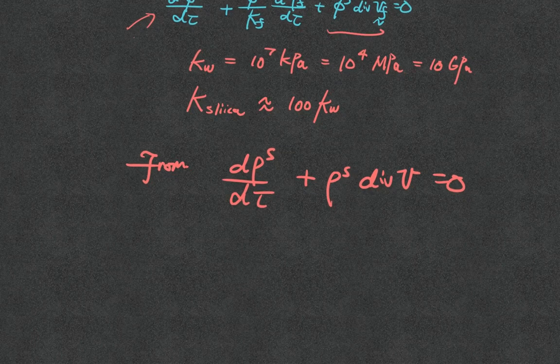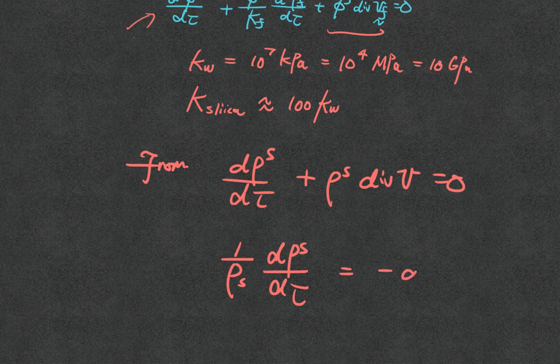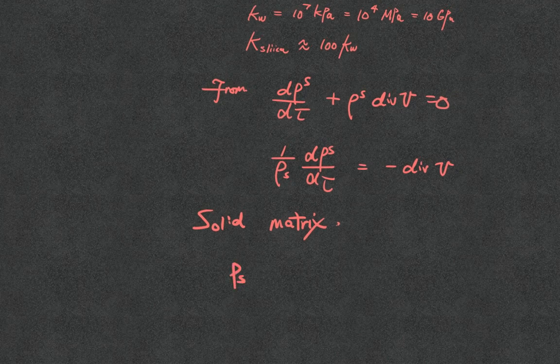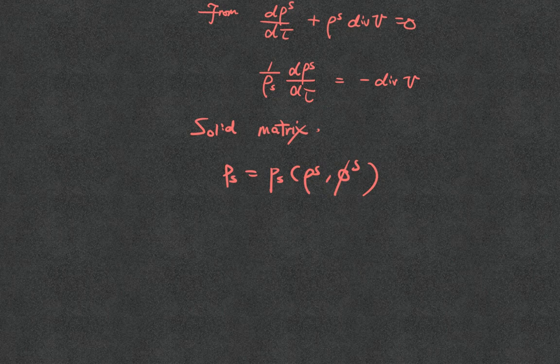Then what we get is 1 divided by rho_s times the partial derivative of rho_s, the rate of change of it, minus the divergence of V. Okay, so for the solid skeleton, or for the solid matrix, we would have P_s as a function of rho_s and the volume fractions of the solid.